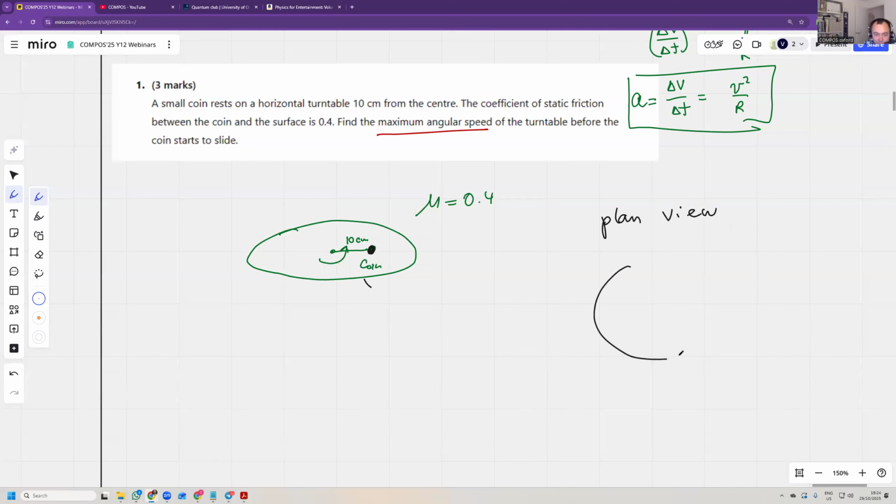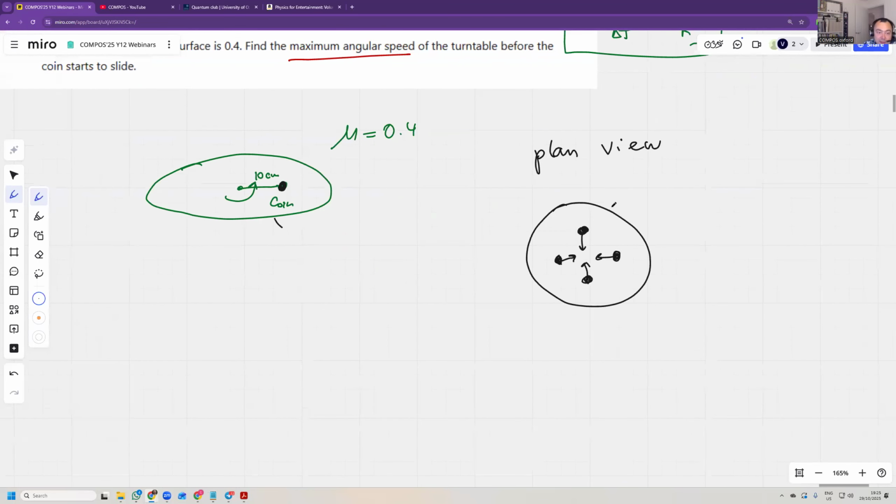You have the turntable, and you have a coin, and at different points, there's a force towards the center. The only force providing that is the centripetal force, which is the frictional force. So it is the force of friction, because if there was no friction, then the coin would just fly off the book.